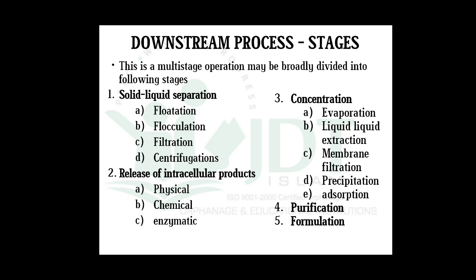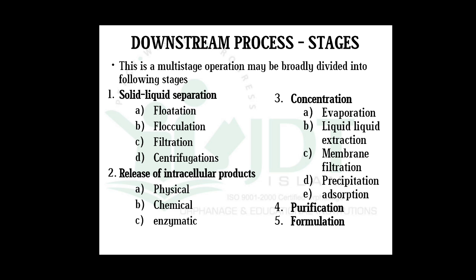The second step is, from the separated solid product, we have to release the intracellular product. The third step, after the release of the intracellular products, is to reduce the amount of water or liquid.